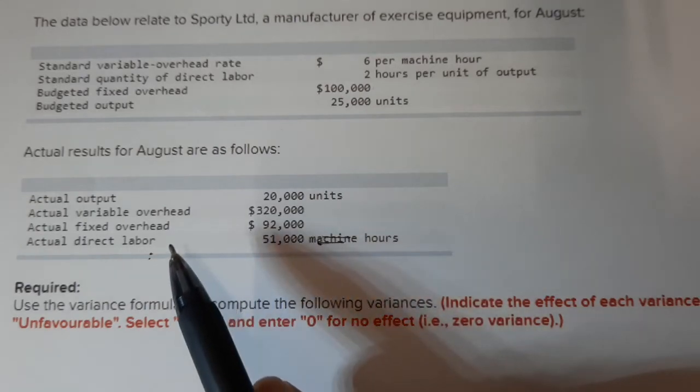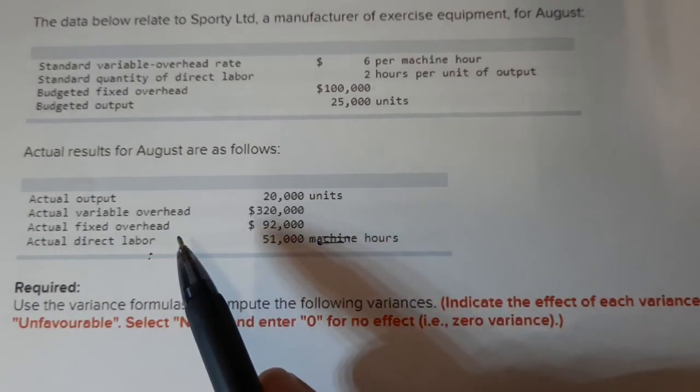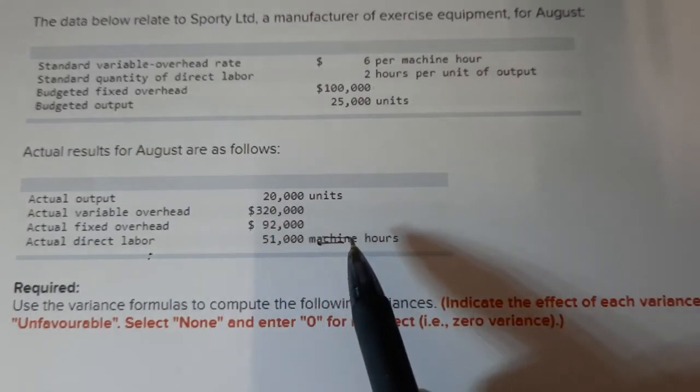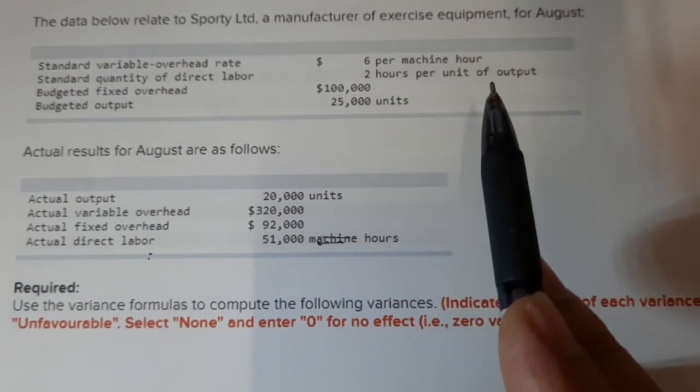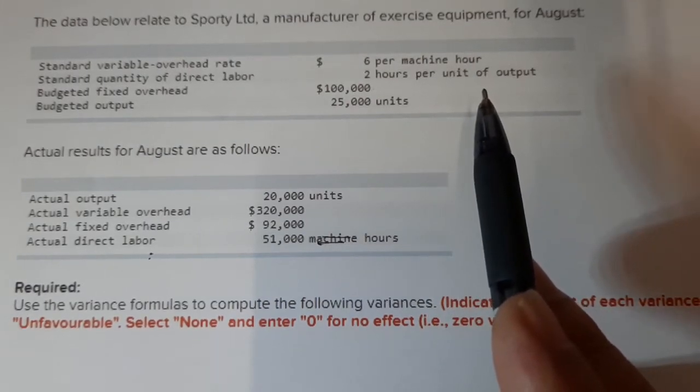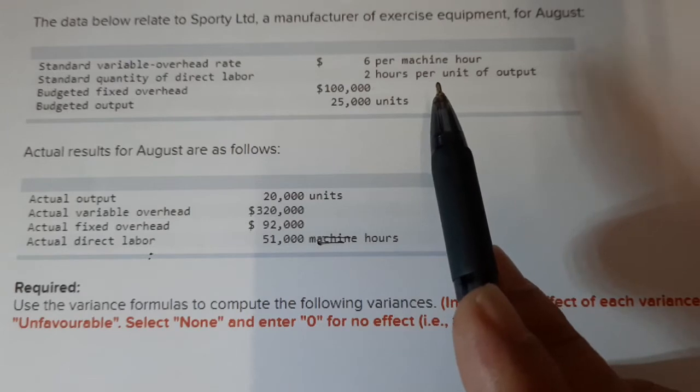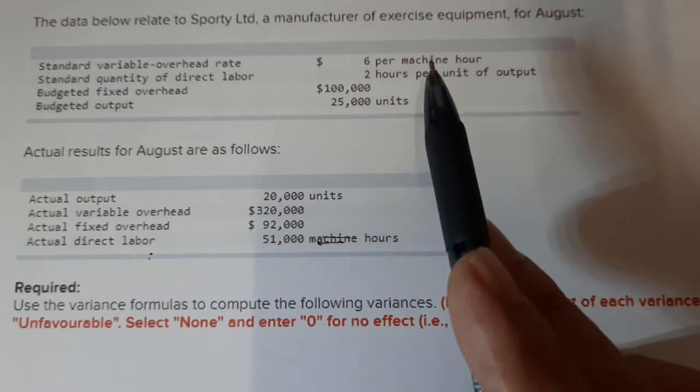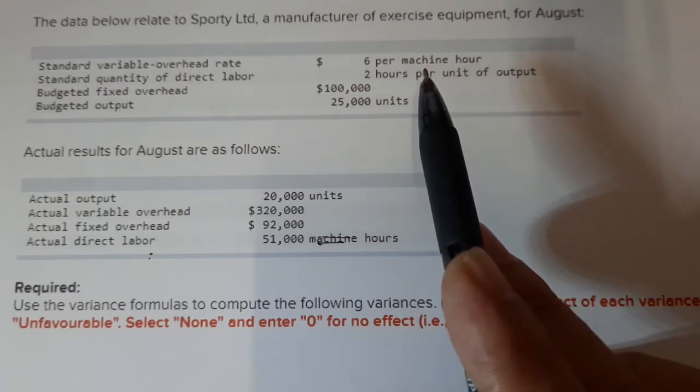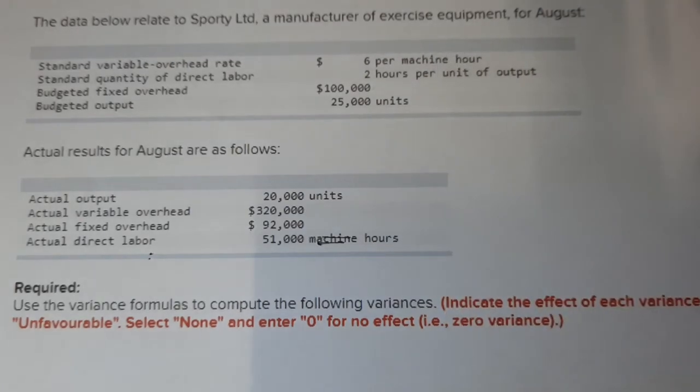This one is supposed to be labor hours because it is direct labor. So I think the other one is also supposed to be labor hours.